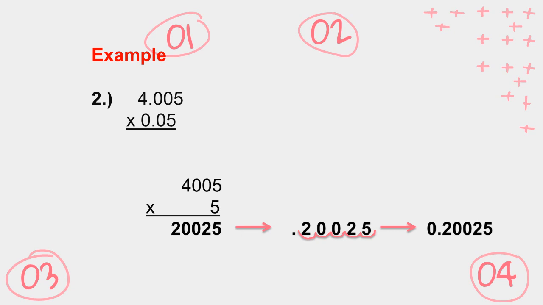Sa unahan po natin siya ilalagay ngayon, class. So, our final answer is 0.20025, or lagyan natin ng 0 yung pinakaunahan kapag tayo ay nauuna sa answer ng ating point. Katulad nga po ng nilagay ko dyan, 0.20025 yung ating final answer in this given. So, that's the answer in example number 2.